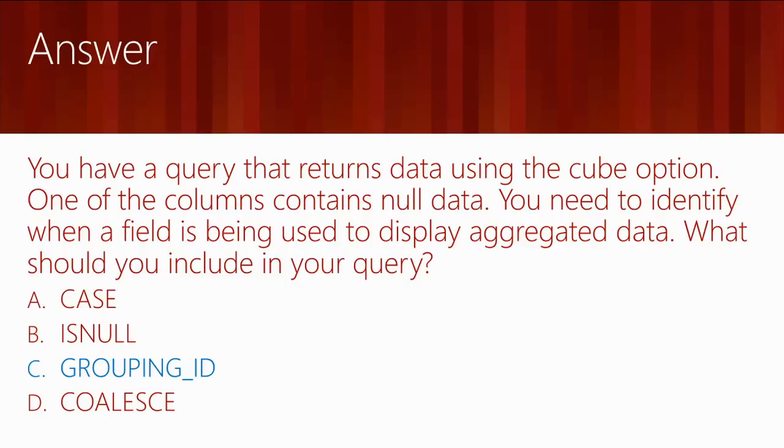Second thing is that GROUPING_ID is going to return a 0 or 1. It returns a 0 if the null value you're seeing is a real null. It returns a 1 if the null value you're seeing is indicating an aggregate.